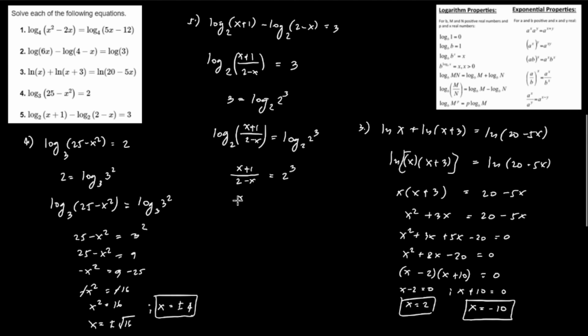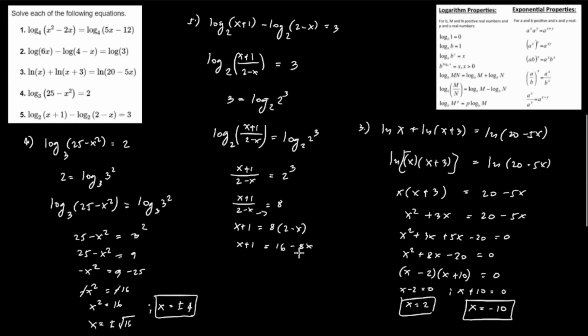And simplify. x plus 1 all over 2 minus x is equal to 2 times 2 is 4 times 2, and it is equal to 8. And cross multiply. So x plus 1 is equal to 8 times 2 minus x, and simplify. x plus 1 is equal to 8 times 2 is 16, and 8 times negative x is negative 8x.